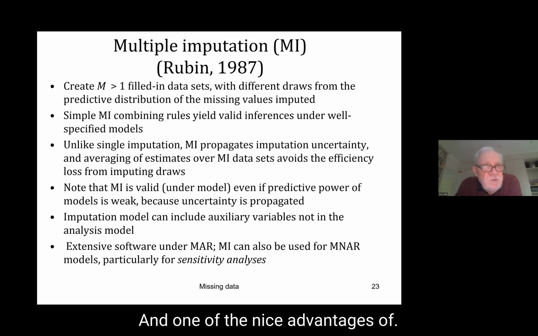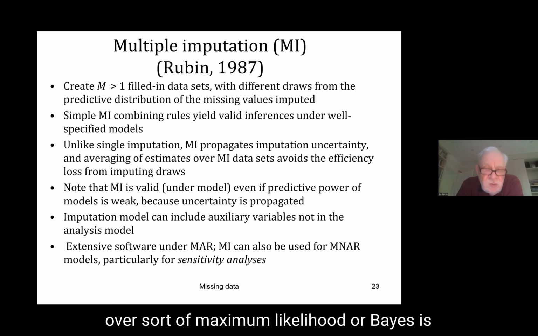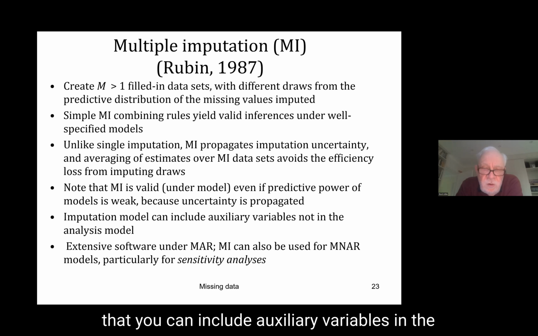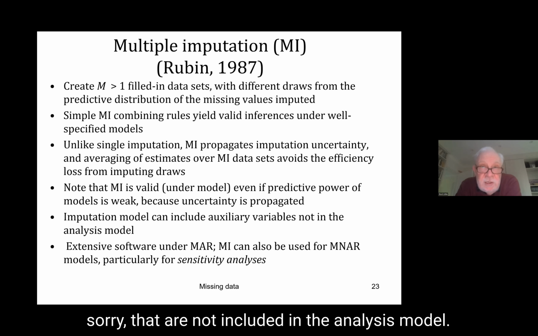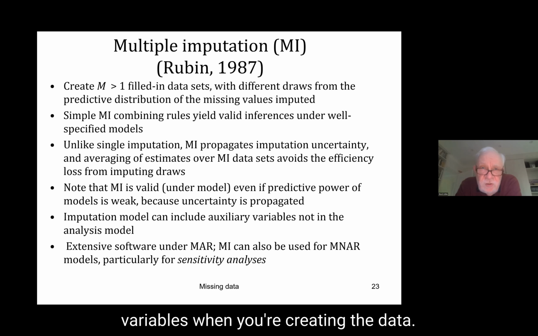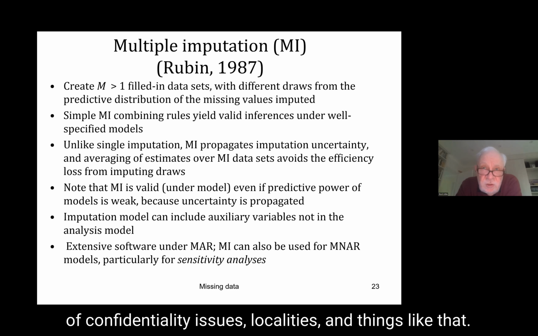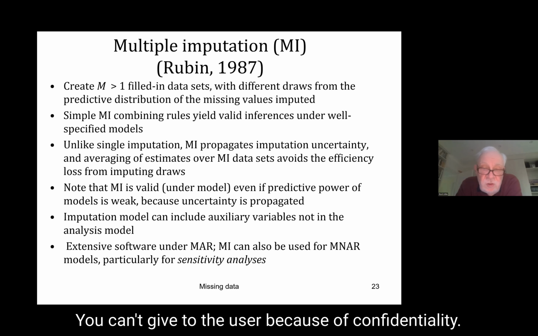And one of the nice advantages of imputation and multiple imputation over maximum likelihood or Bayes is that you can include auxiliary variables in the imputation model that are not included in the analysis model. An example of that is if you have variables when you're creating the data that are not available to the user, for example, because of confidentiality issues, localities and things like that, that you can't give to the user.